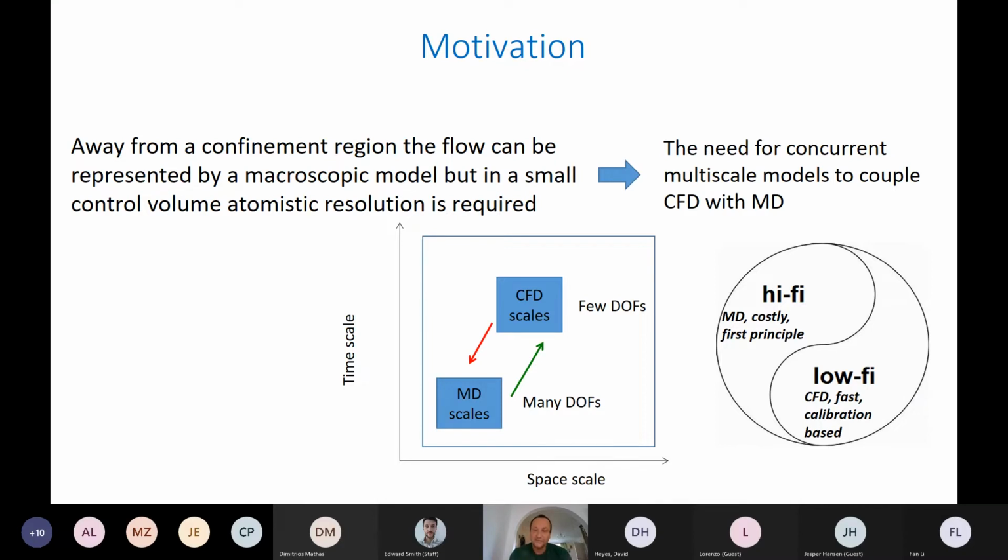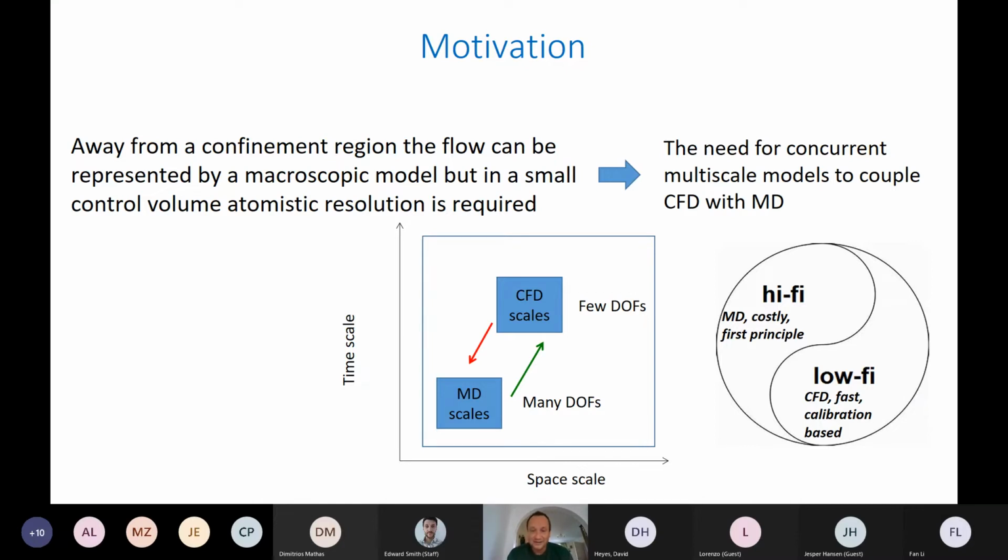If you think about the parameter space, you should be treating the large scales, which are resolved by CFD or continuum models, and small scales, which are resolved in molecular dynamics, as boxes in this parameter space, and you should organize the exchange of information in the conventional multi-scale framework.